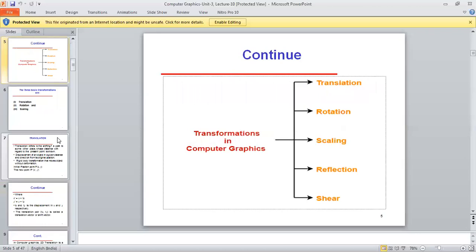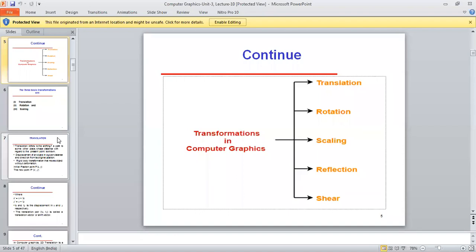These are the various transformations which we will use in computer graphics. First is called the translation, another is called the rotation, third one is called the scaling, and after that there are two more transformations, reflection and shear.